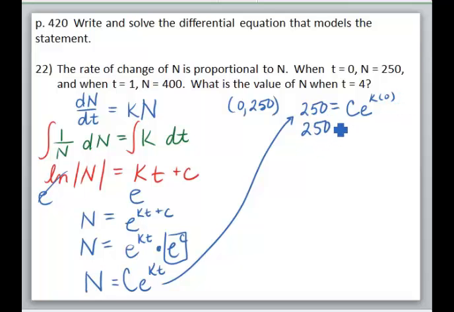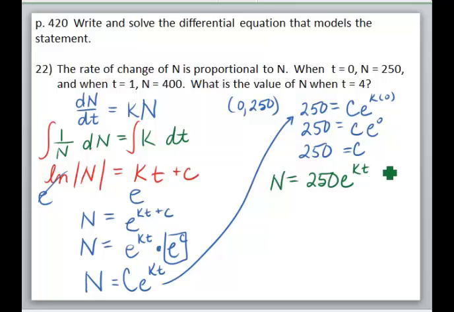Well, that would mean that C e to the 0, well, that's just 1, so C is equal to 250. That allows me to write the more specific equation, n equals 250 e to the kt. Now that'll allow me to figure out what's the value of n when t is 4. So n is actually equal to 250 e to the k times 4.